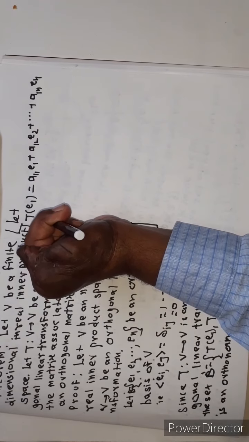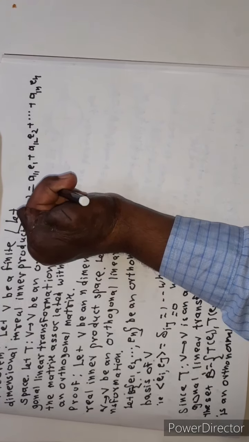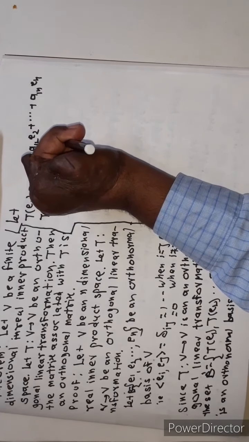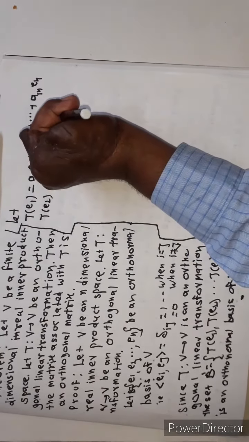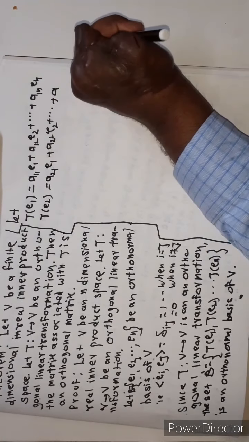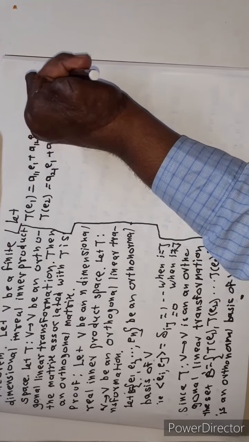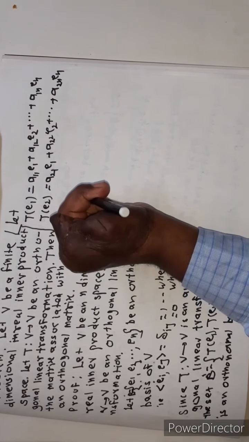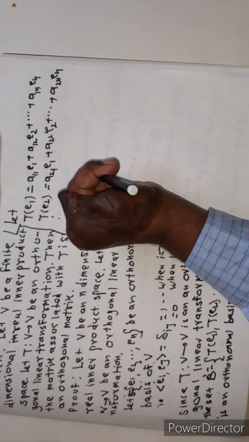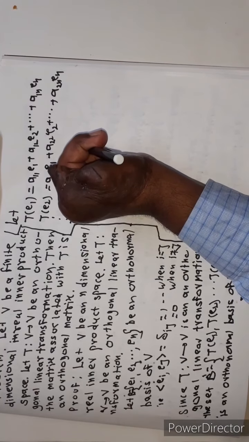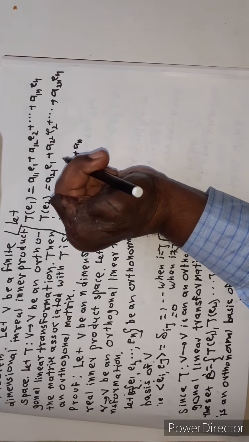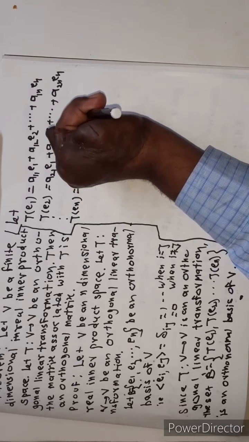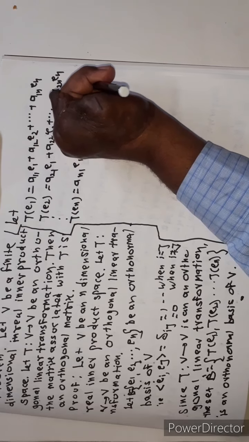T(E2) is equal to A21 E1 plus A22 E2 plus ... plus A2n En, and T(En) is equal to An1 E1 plus An2 E2 plus ... plus Ann En.